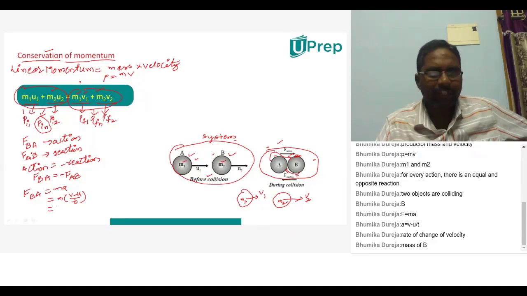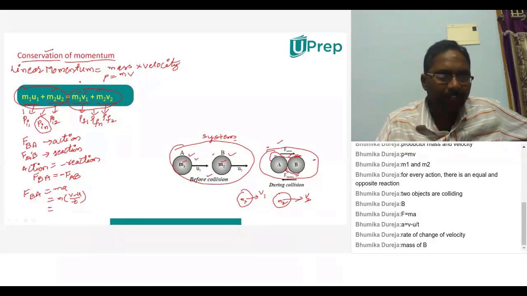Here, listen carefully. Force applied by A on B. When force is applied by A on B, there will be change in momentum of B. So that means momentum of the second object will change. And when momentum of the second object is changing, we have to take mass of the second object, m2, into v, meaning final velocity.